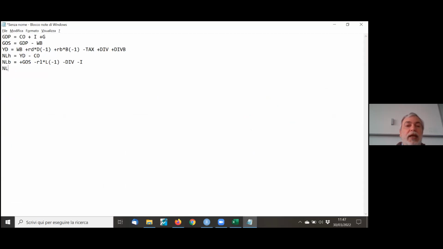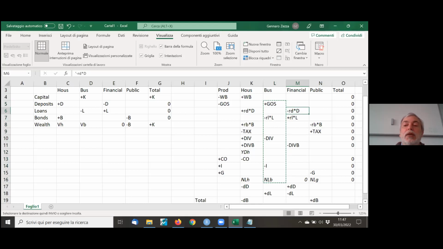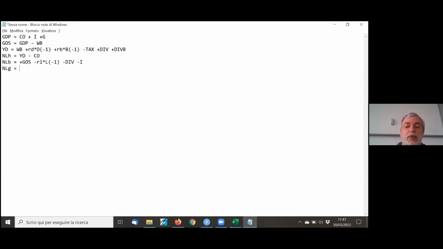And the net lending of the government will be tax less RB times B less G.